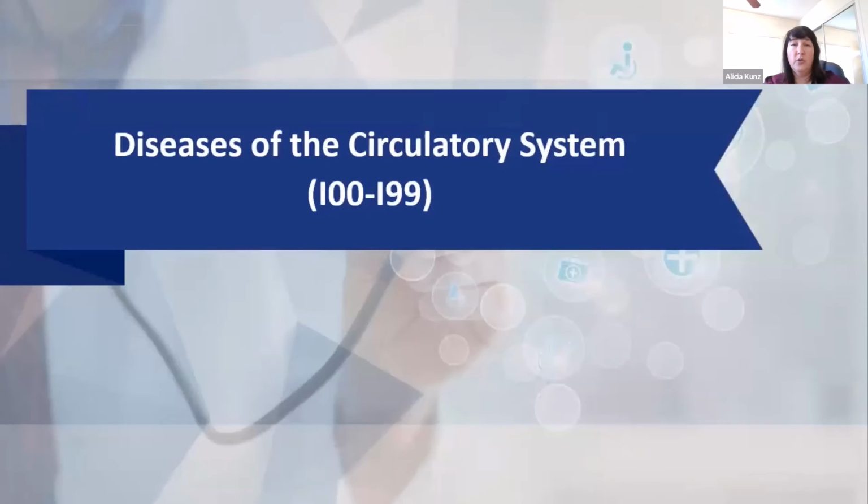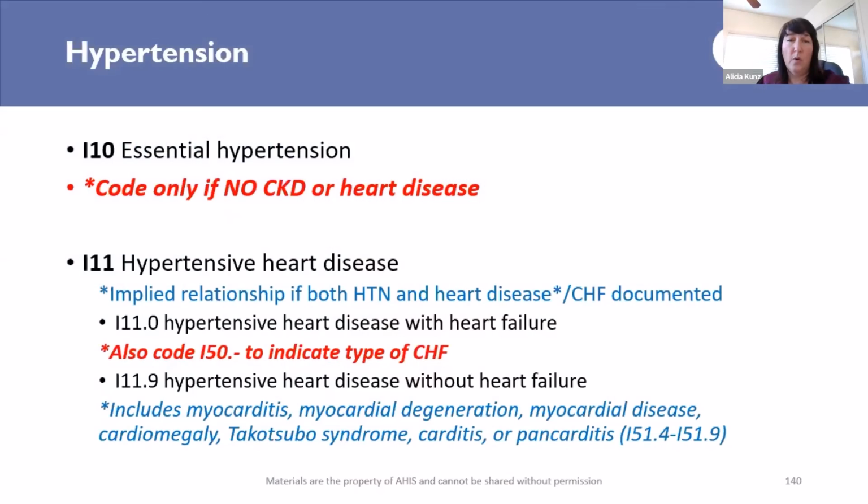We're going to move on to diseases of the circulatory system. So I codes, hypertension. I10 is the code for essential hypertension. That means they have no chronic kidney disease and no heart disease. So if they have no heart disease, no CKD, but they have hypertension, you would use code I10.